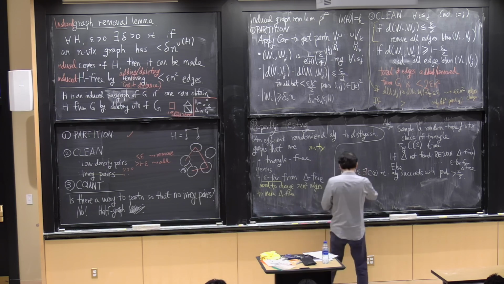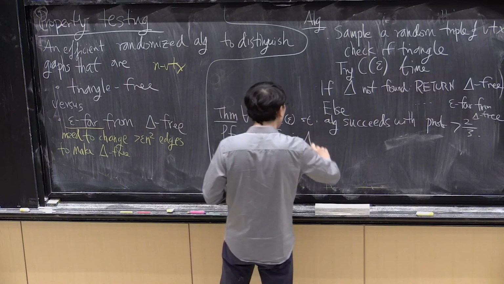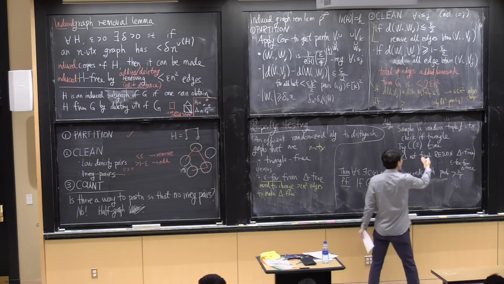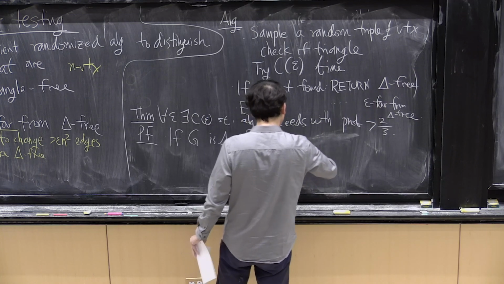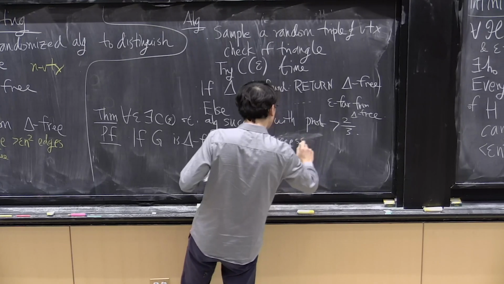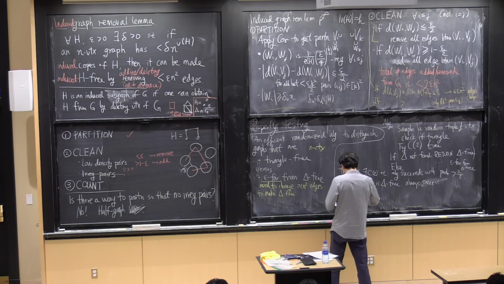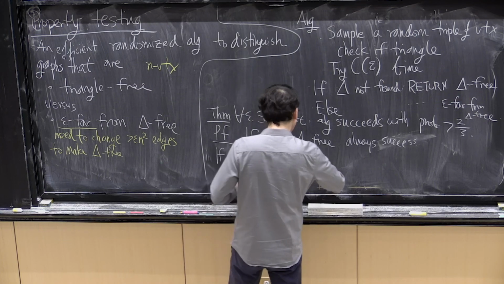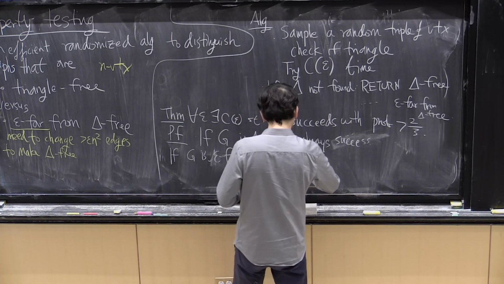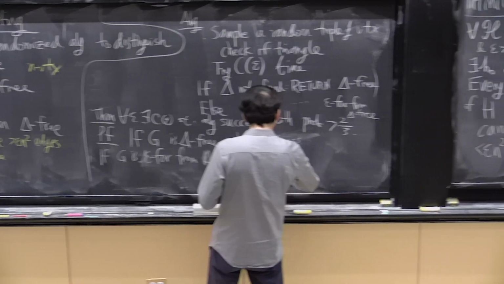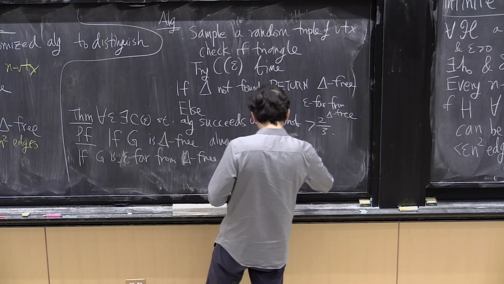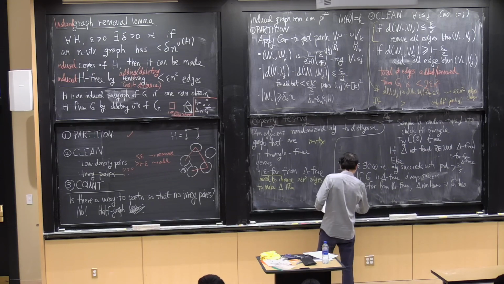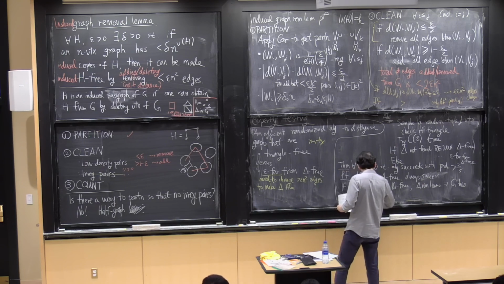Okay, so there are two cases. If G is triangle free, then it always succeeds. You will never find a triangle, and it would return triangle free. On the other hand, if G is epsilon far from triangle free, then the triangle removal lemma tells us that G has lots of triangles, delta n cubed triangles.